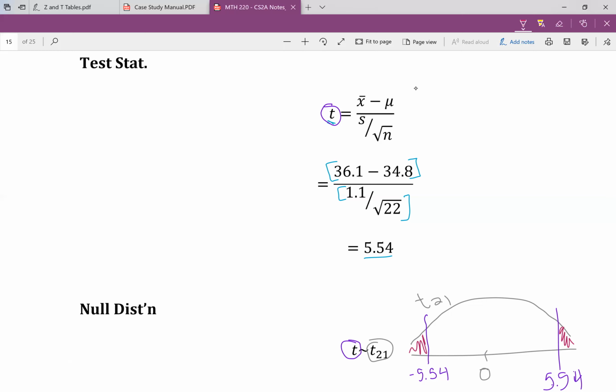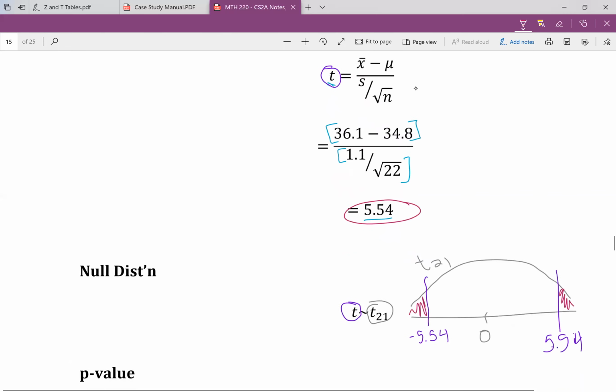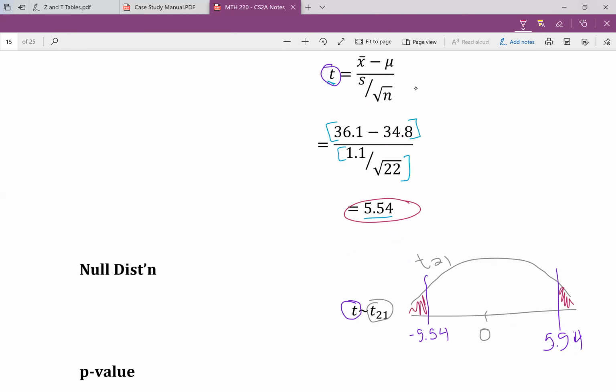So how do we write that statement? First, we always want to consider the definition of p-value, the chance of observing our test statistic. Even though I have negative 5.54 and positive 5.54, we always want to consider the positive 5.54, because that's what our test statistic actually is. So we start off by writing the probability that T is greater than or equal to 5.54.